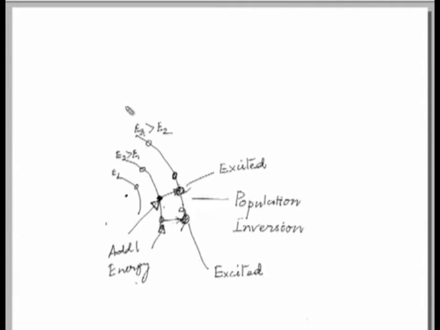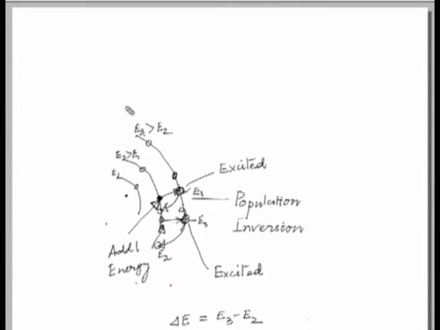Therefore, they will try to jump down to their original cell back here. However, since they are temporarily at E3 level and coming back to E2 level, there will be a difference in energy which is equal to E3 minus E2.